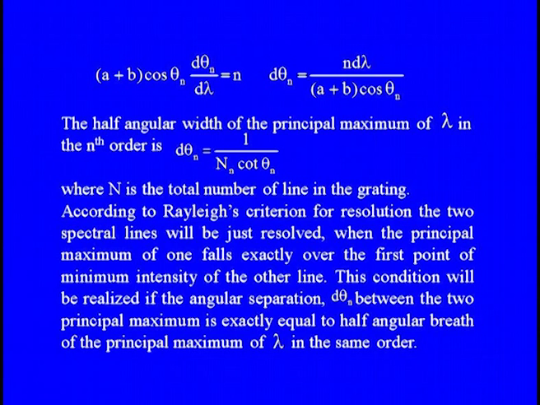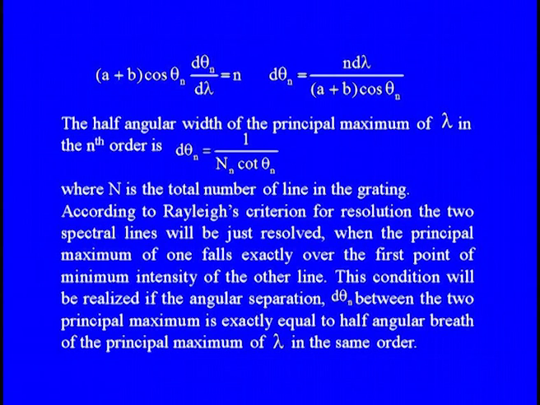The half angular width of the principal maximum of lambda in the nth order is therefore d theta n equal to 1 over capital N into cot theta n, where capital N is the total number of lines in the grating. Now, according to the Rayleigh's criterion for resolution, the two spectral lines will be just resolved when the principal maximum of one falls exactly over the first point of minimum intensity of the other line.